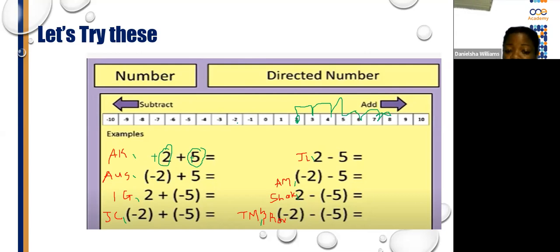So -2, and to add a +5, which direction do we go? We are going in the right direction once more, because it is taken to be a regular addition because we're adding a positive term. Yes, go ahead.